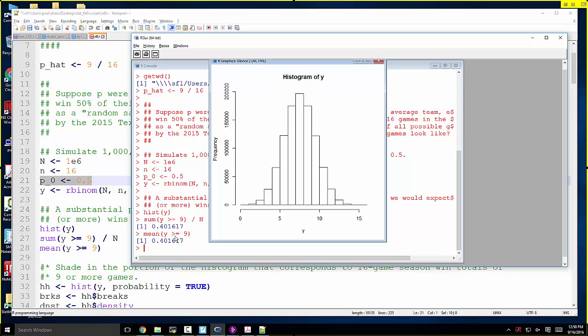So because this P value is big, in particular it's not less than some threshold like 0.05, we would say we don't have enough evidence to reject that null hypothesis. Fail to reject.